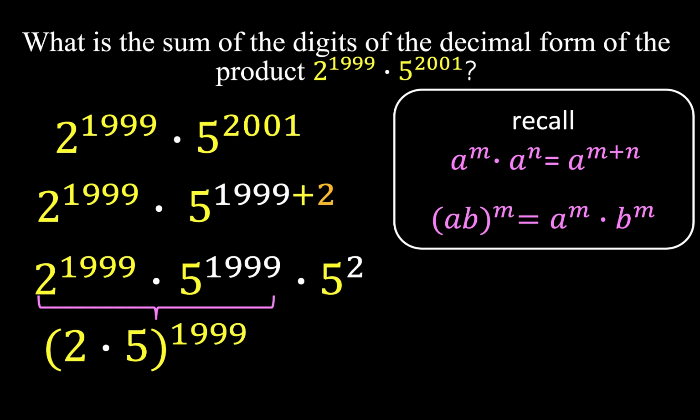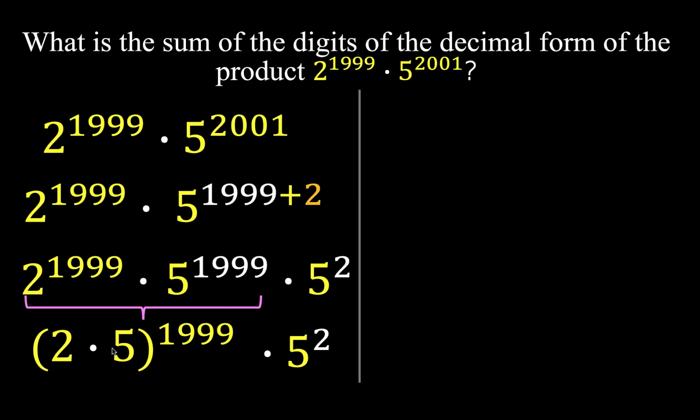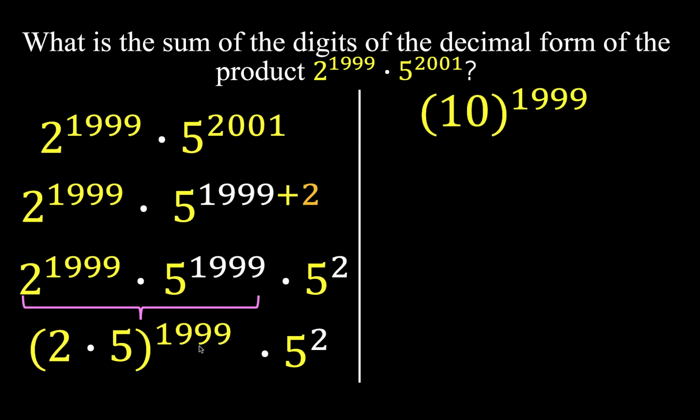And we just copy 5 squared. Now we can multiply the base 2 times 5, that is equal to 10, and copy the exponent 1999 and copy 5 squared. Now 5 squared is easier to write in its decimal form, that is 5 times 5 equals 25. What about 10 raised to 1999?